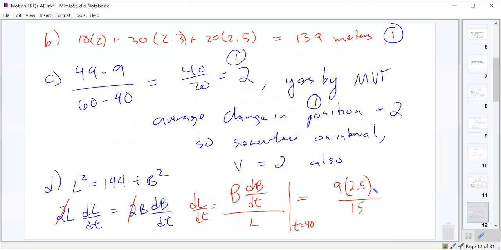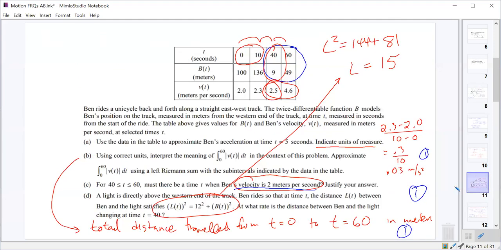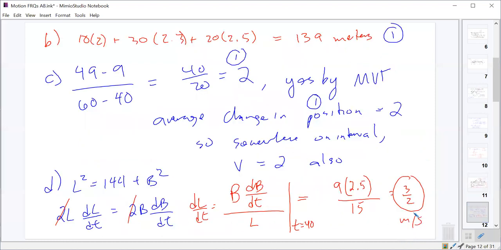Divided by 15, and whatever that is, 7.5 over 5, 3 halves. There's probably some units, right? Meters per second. Didn't ask for units there, but meters per second.